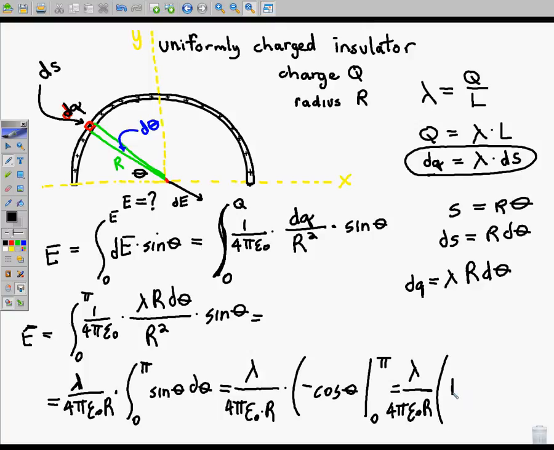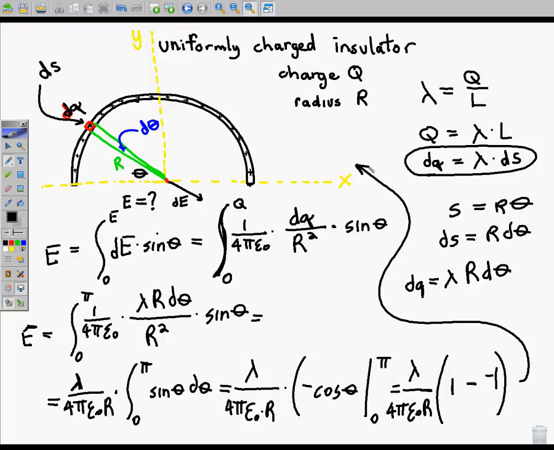Minus cosine of 0, which is 1, but we have the negative 1, so it's plus 1. So basically it's 2, and the 2 over 4 gives 1 over 2 pi. I'll squeeze it right in here.